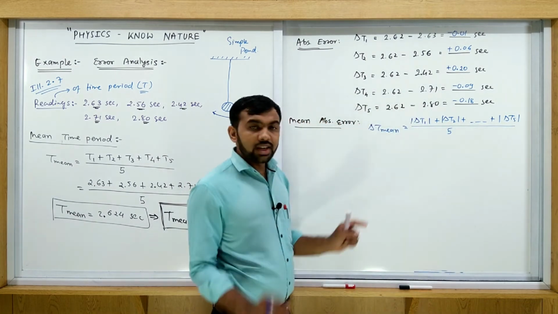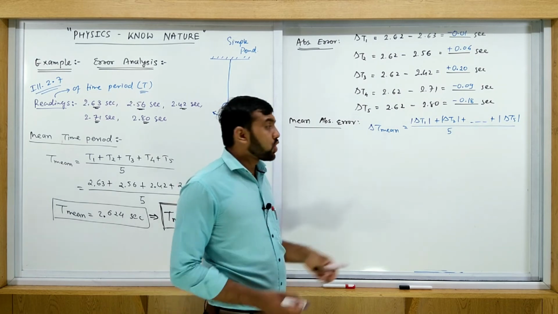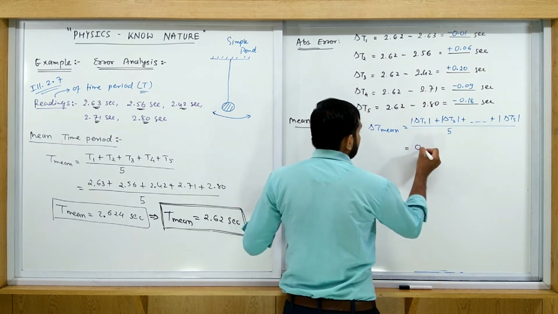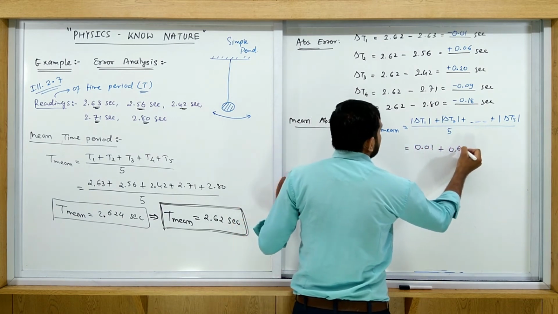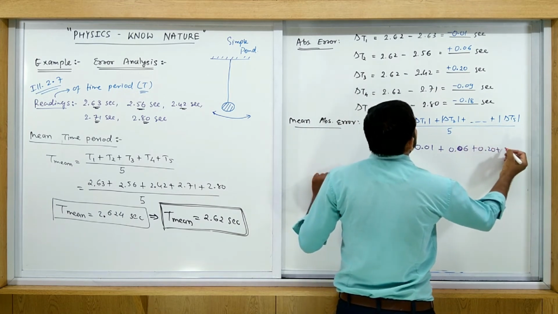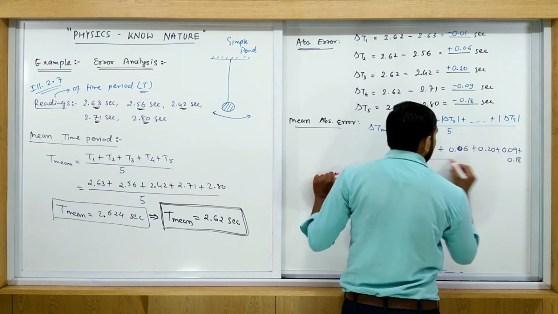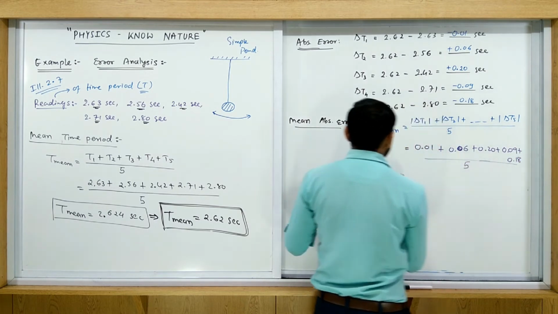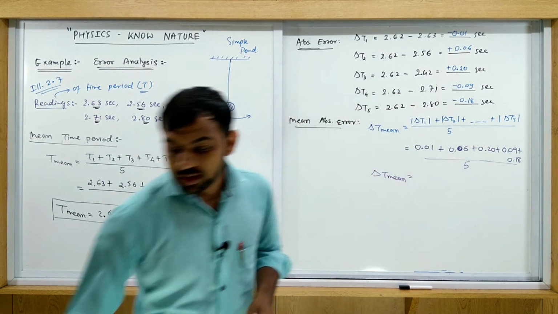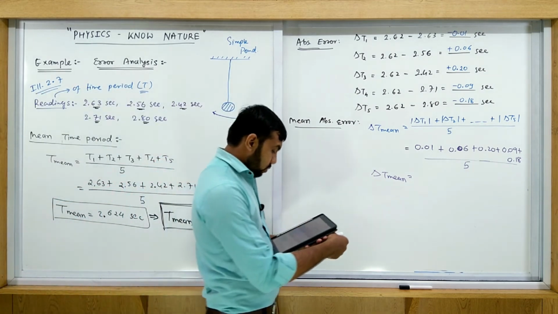So we put in the values: 0.01 plus 0.06 plus 0.20 plus 0.09 plus 0.18 upon 5. You get the answer delta T mean is equal to 0.11 second.